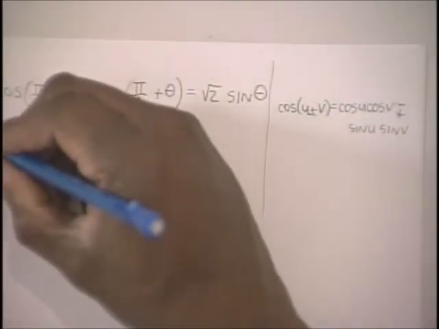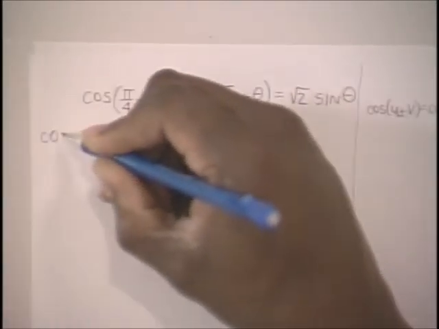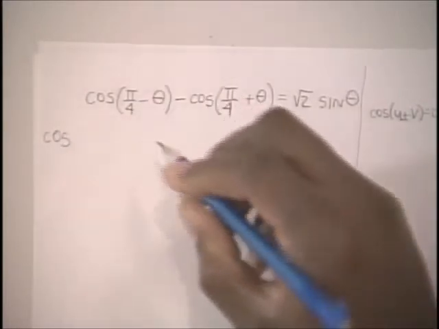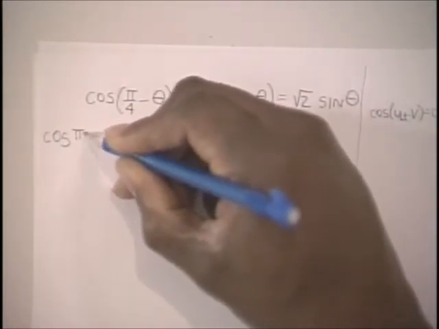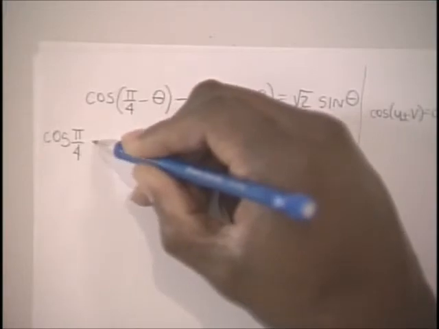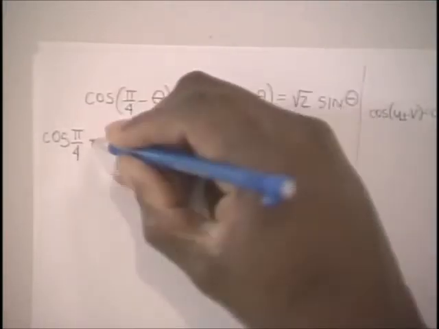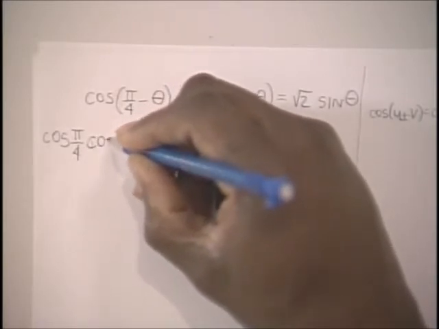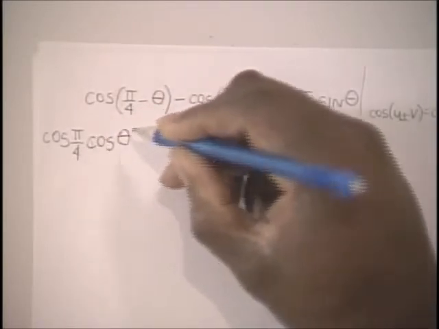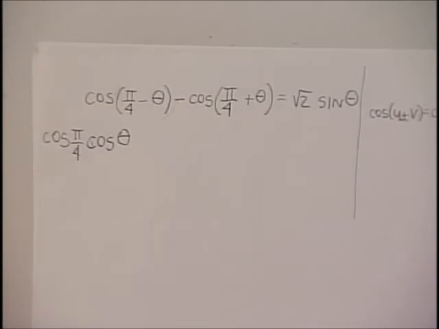So we have the cosine of pi over 4 cosine theta. All right, so you have cosine pi over 4 cosine theta, cosine u cosine v plus.